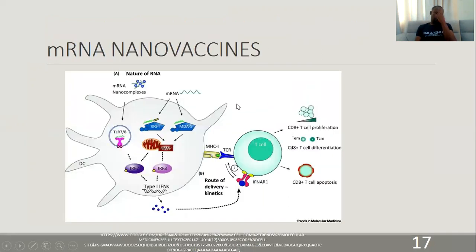So here we also have what you call the mRNA vaccines. As I've explained earlier on, there are different forms of cancer vaccines, and we also have gene-based vaccines. So mRNA vaccines are simply gene-based vaccines.